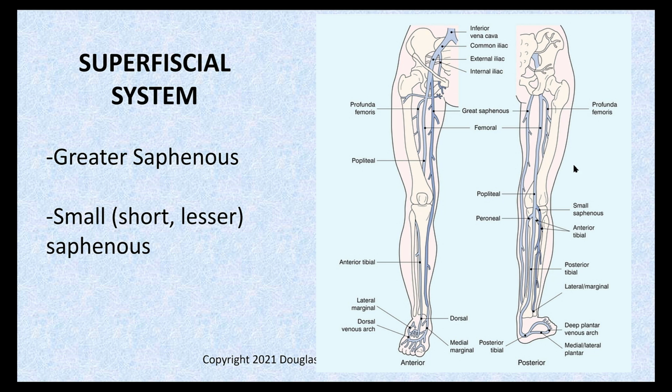And now where's the lesser or short? The official name is short saphenous vein or small saphenous vein. That comes off the popliteal vein in the popliteal fossa. It sprouts a gigantic vessel, very superficial, on the posterior lateral part of your leg, and that is the small or short saphenous vein, which you can see goes down to here.